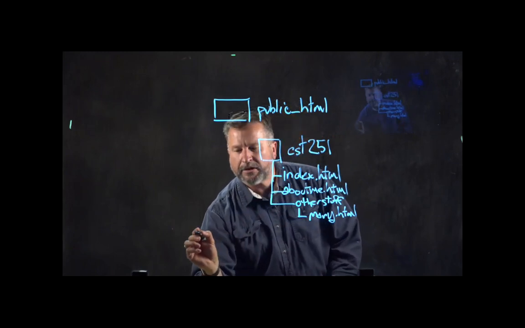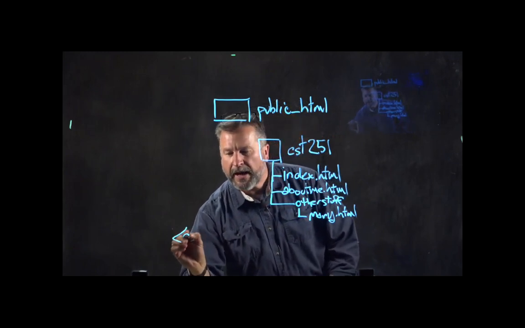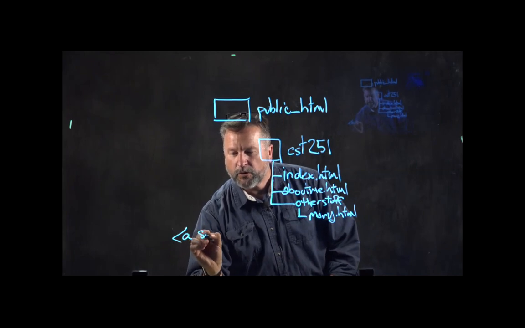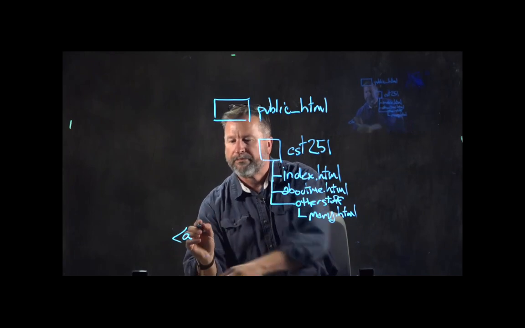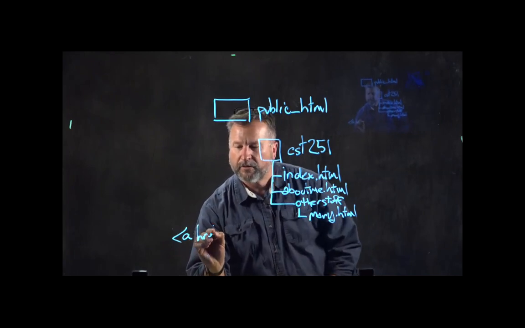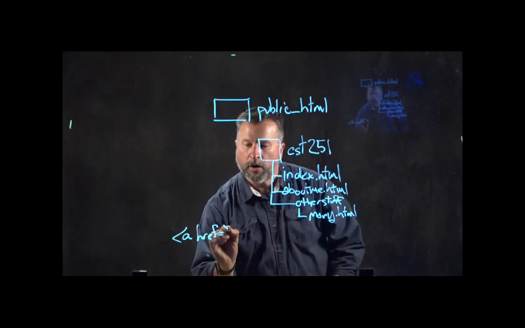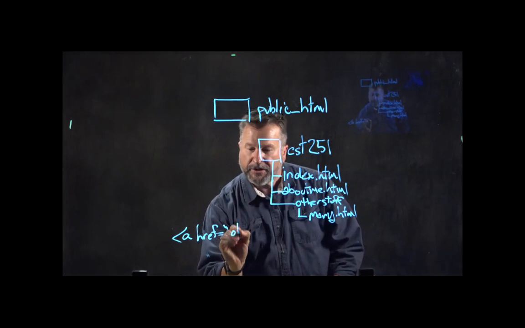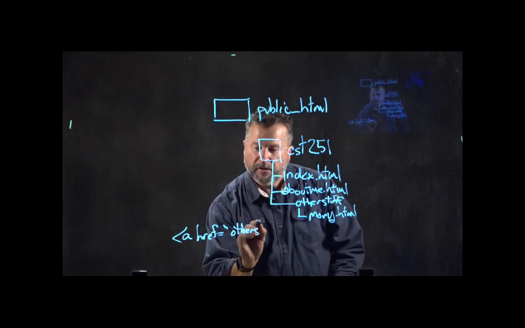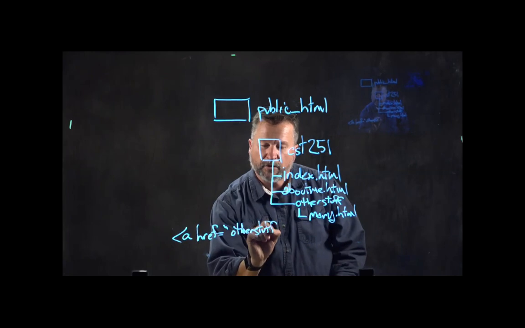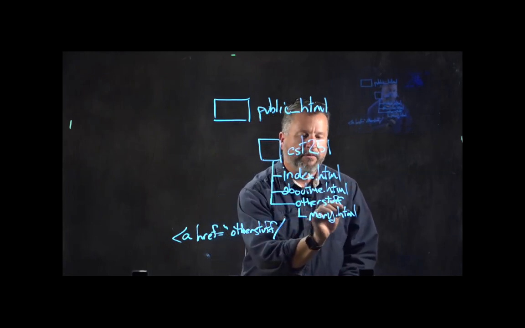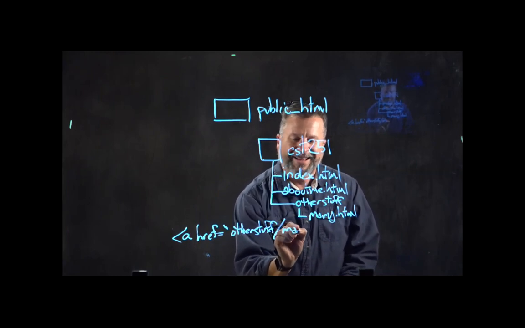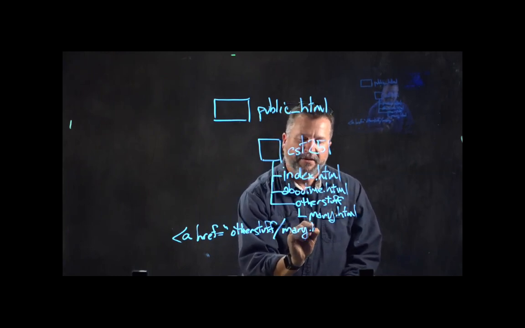So what's going to happen is it's going to look like this. It's going to be a href equals, quote, other stuff, which is the name of the folder, and then once we've drilled in, we grab Mary.html.